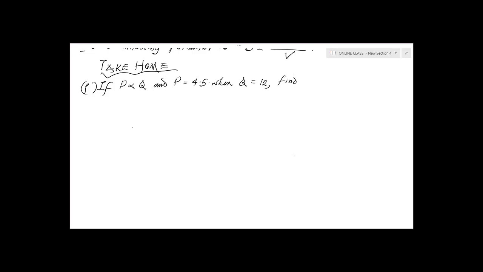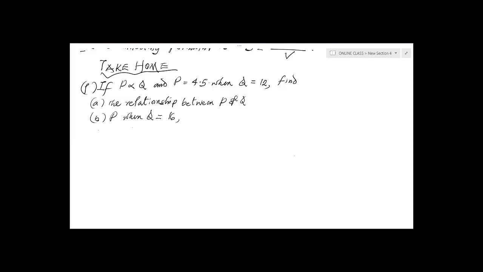Find: question A, the relationship between P and Q. B, find P when Q equals 16.